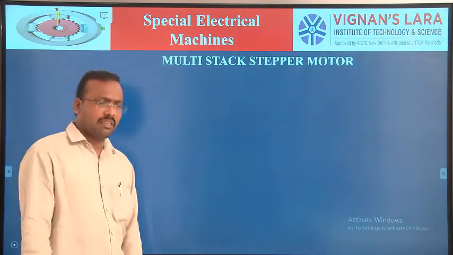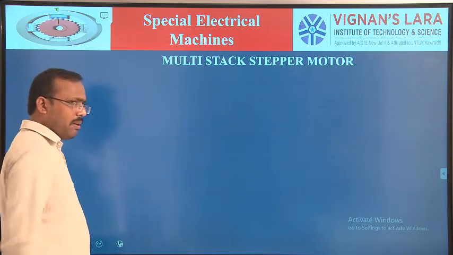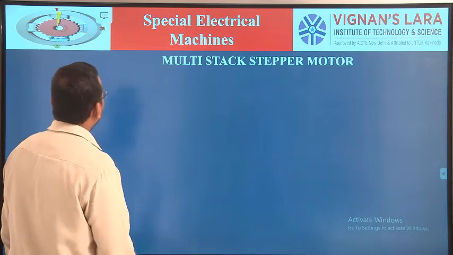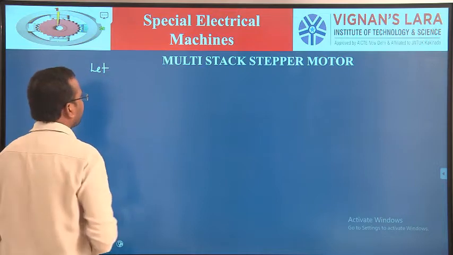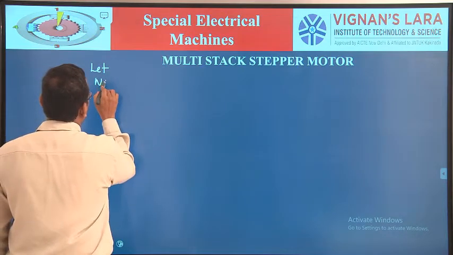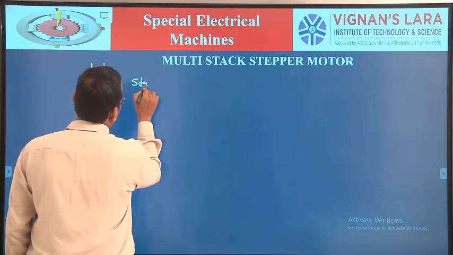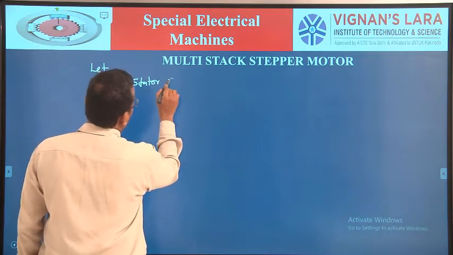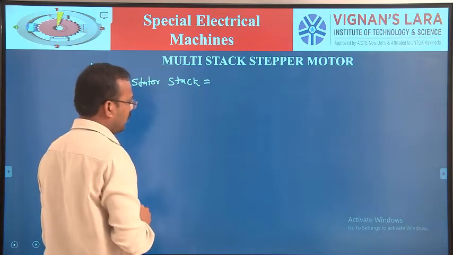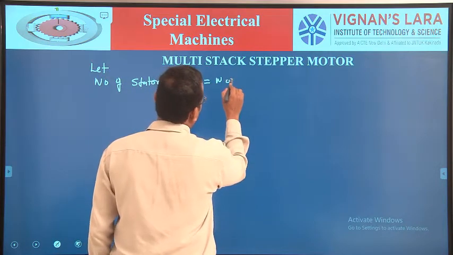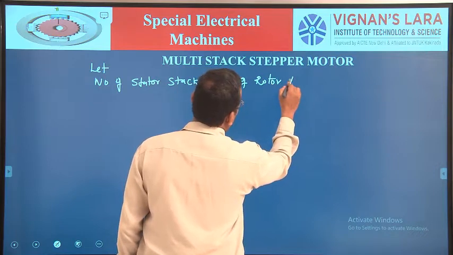How to design the multi-stack stepper motor? You can remember the previous slide. Here, let the number of stator stacks be equal to the number of rotor teeth.